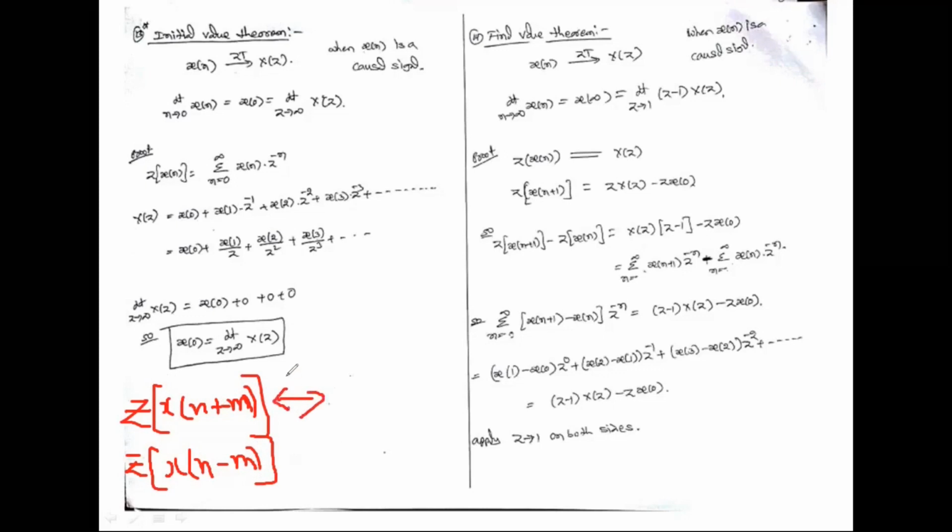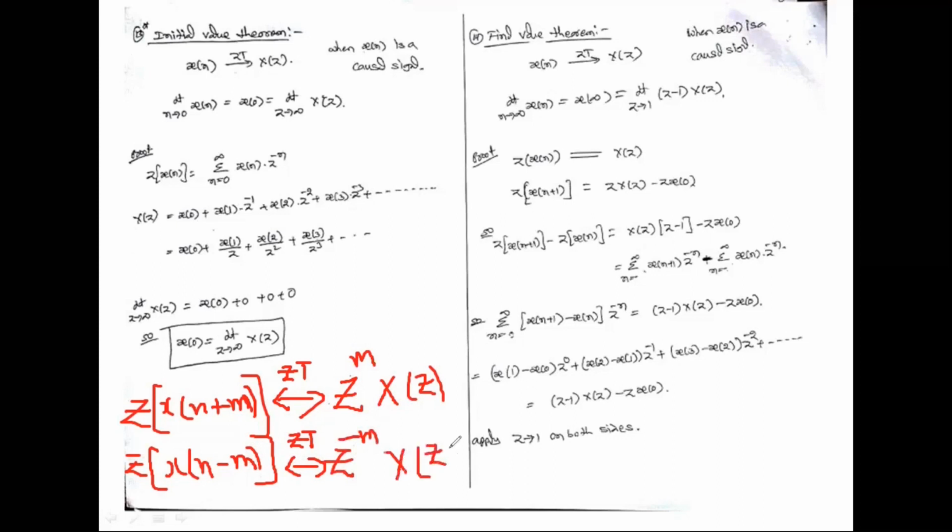What is the z transformation for this? For the bilateral, simply, it is z power m x of z for negative values of m, a positive power of z, and for positive values of m, the negative powers of z times x of z.